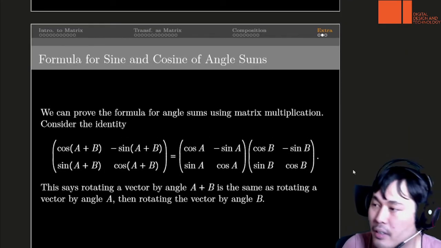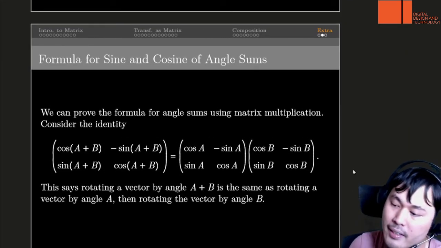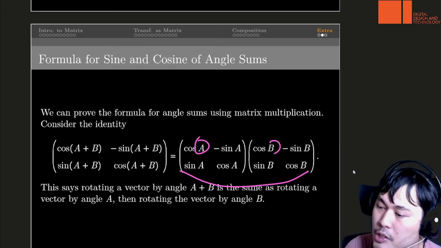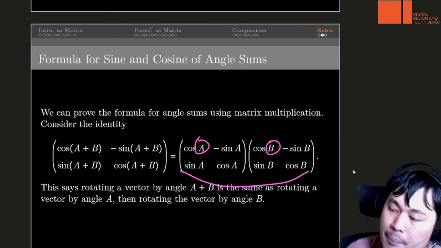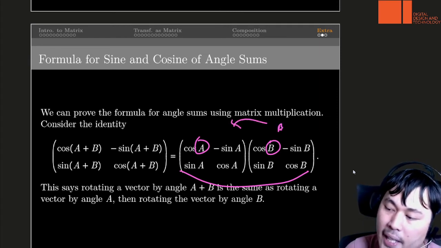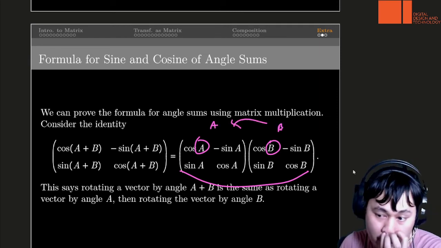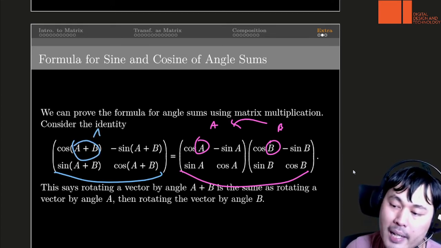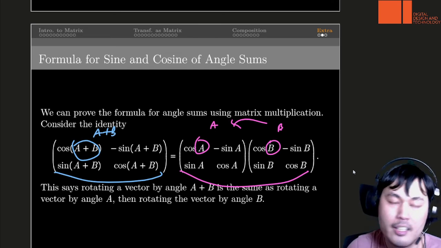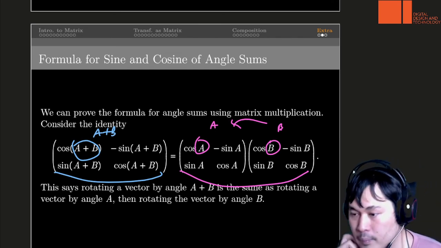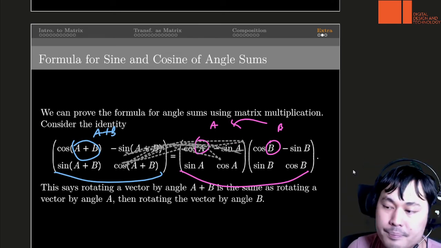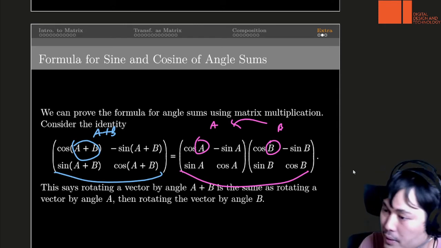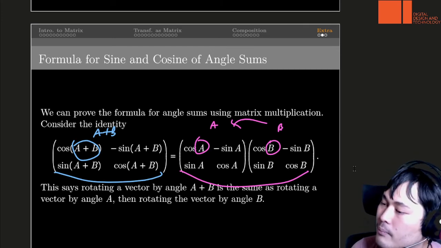On the right hand side, we have 2 rotations, first by b degrees and then by a degrees. On the left hand side is the result we would expect: it should be the same as rotating by a plus b degrees. These two should be the same in terms of the verbal explanation of the transformations.